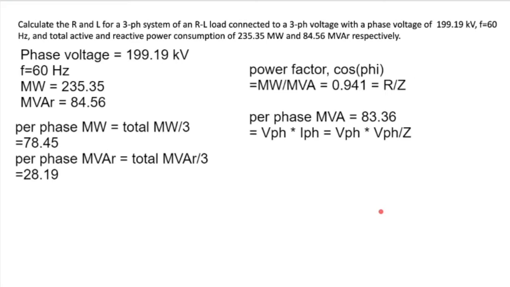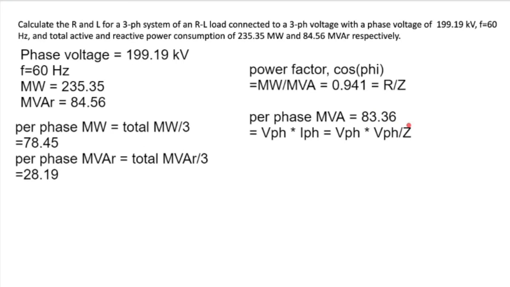Calculating MVA, I will write it once I'm out of this box. It doesn't allow me to edit, so I'll write that MVA once again once I'm out of this box. So per phase MVA we know is 83.36, and MVA is what? Current and voltage multiplied. So V phase remains V phase, and I phase is V phase over Z.